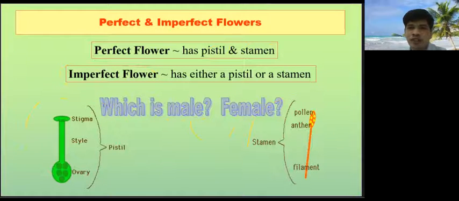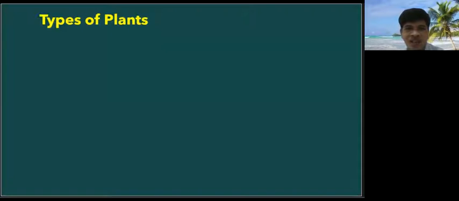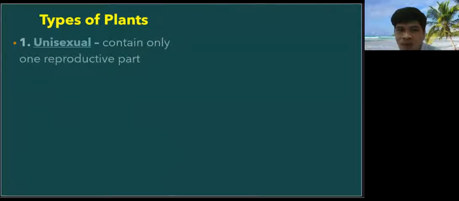Aside from perfect and imperfect flower, we also have what we call unisexual. When I say unisexual, it's just like imperfect flower, because it contains only one reproductive part, either male or female only.